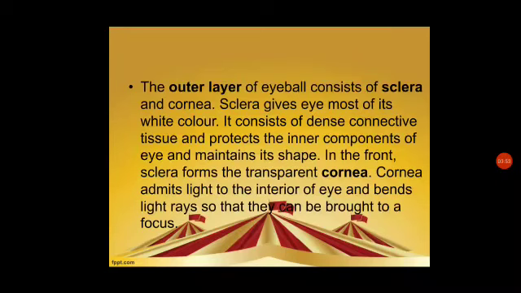There is a screen which is called the retina, and different diseases of the eyes are due to this retina, like night blindness, short sightedness, and long sightedness. These are all due to how the images are formed on the retina.